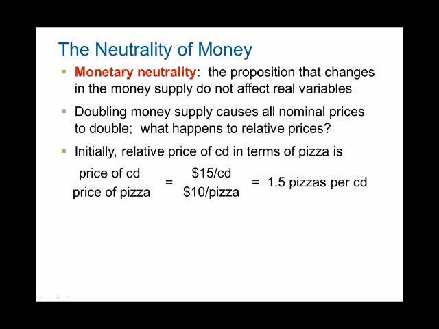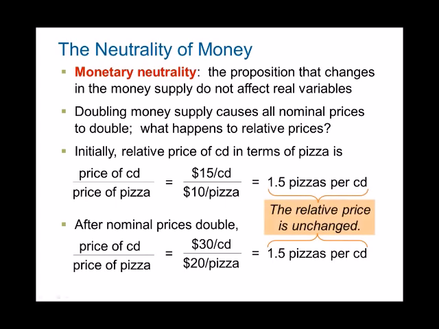Now, if we double the money supply, then all the prices in the economy will double. CDs will become $30 and the price of pizza will become $20. So yes, the prices went up, but how many pizzas you have to give up to buy a CD stays the same. The relative price remains unchanged if you increase money supply and all the prices go up by the same amount.